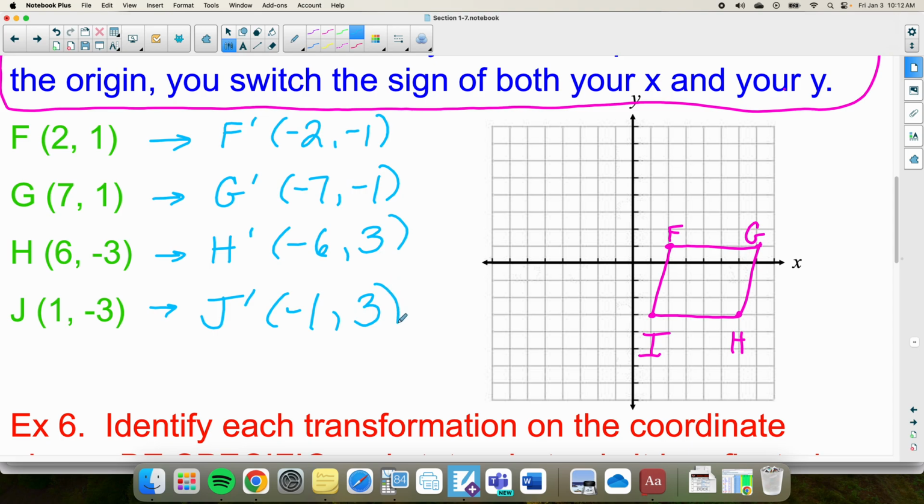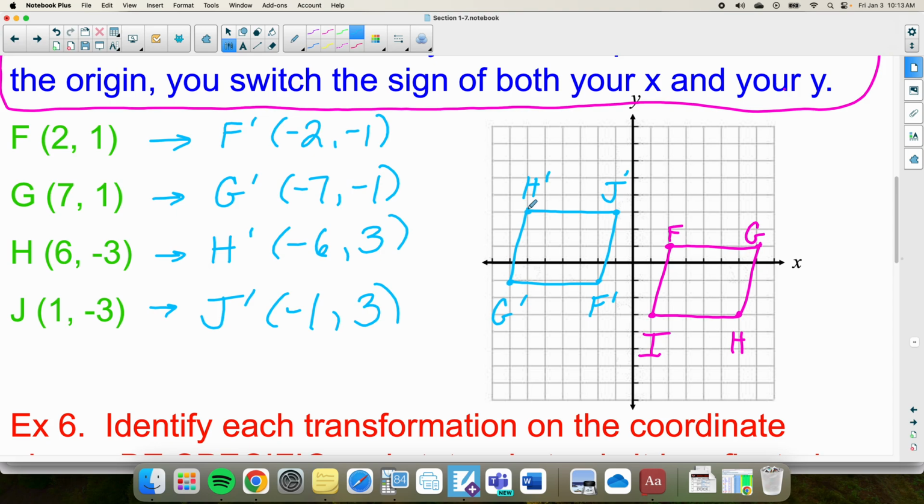Okay? So I'm gonna go ahead and plot those points on here. So F prime is -2, -1. G prime is -7, -1. H is -6, +3. And I is -1, +3. So my new figure would look like that, okay?